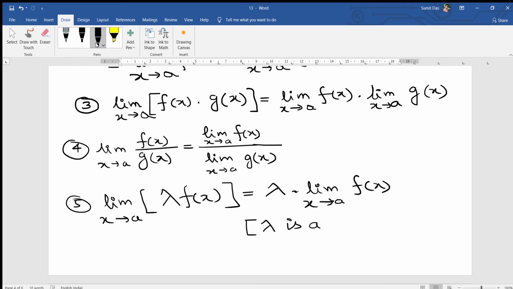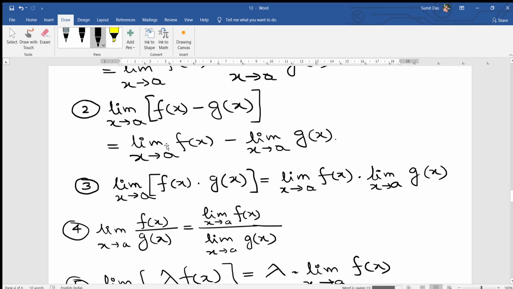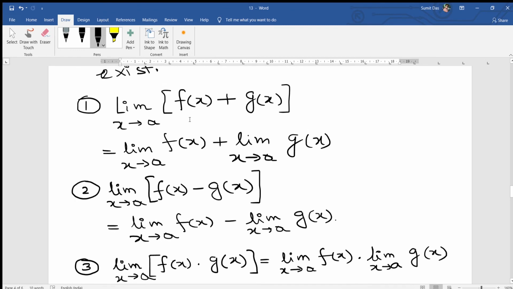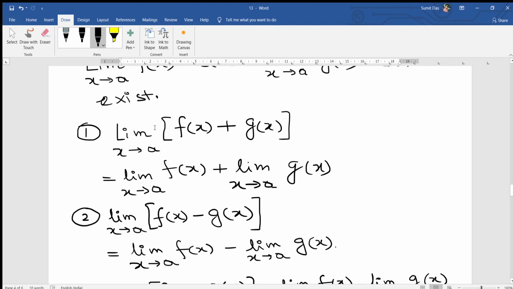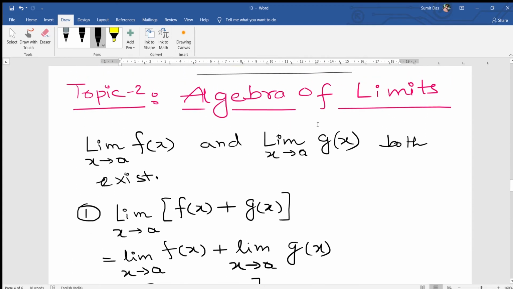Lambda is any constant. Now the algebra is very simple. But the more important thing is that the two limits have to exist. If the two limits do not exist, it will not be true.